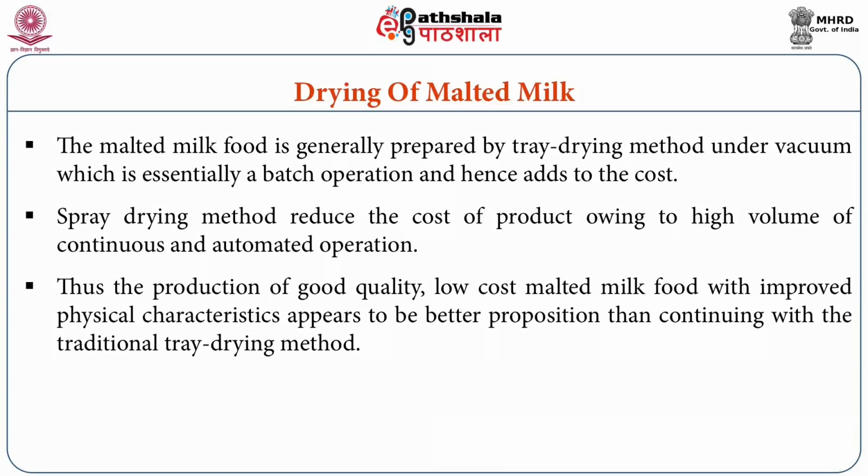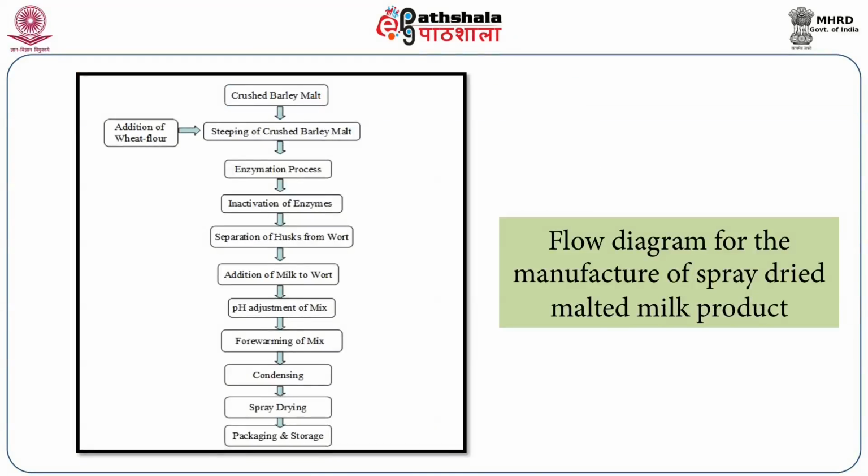Thus, the production of good quality low cost malted milk food with improved physical characteristics appears to be a better proposition than continuing with the traditional tray drying method. The method employing spray drying process is shown in this figure.